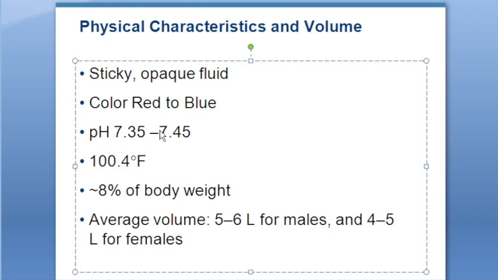See, 7.0 is neutral. Anything above that is basic. At the beginning, it's slightly basic, and then it gets more and more and more basic. It has to be under 7 to be acidic. To be truly acidic, it has to be under 7. Your blood doesn't go that low. Normally, it stays between 7.35 and 7.45.